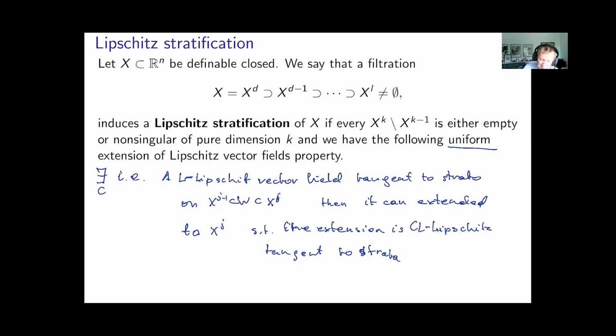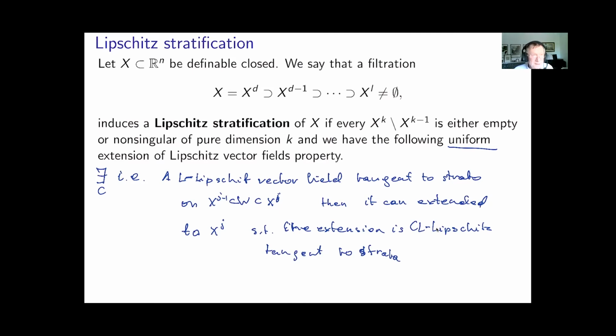I can recall the original definition, which is a little bit like Verdier condition or Whitney condition, a definition of distances between the tangent spaces. But the other one has some advantages.